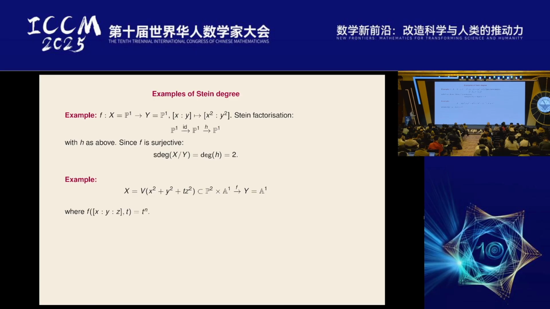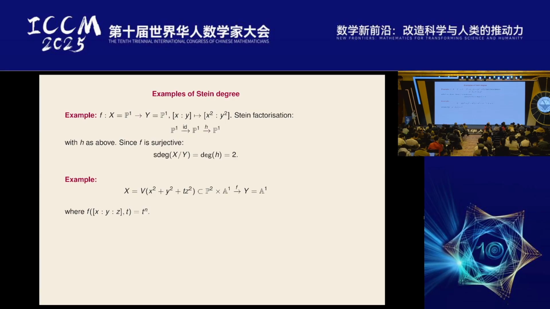Another example, kind of similar to one of the examples that I described before, is taking again the variety given by this polynomial equation inside P squared times A1, and I'm going to send the point (x, y, z, t) to t to the n for any fixed number n.